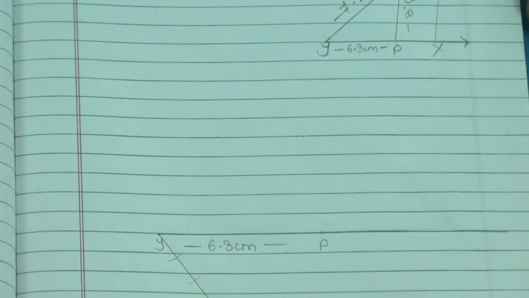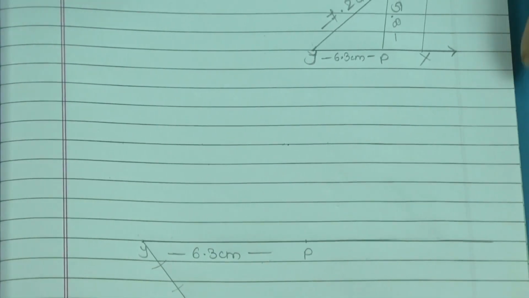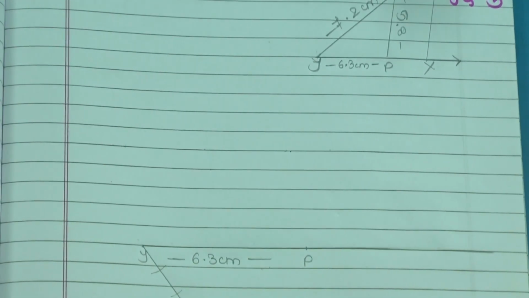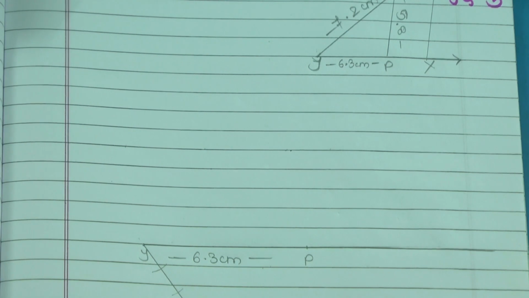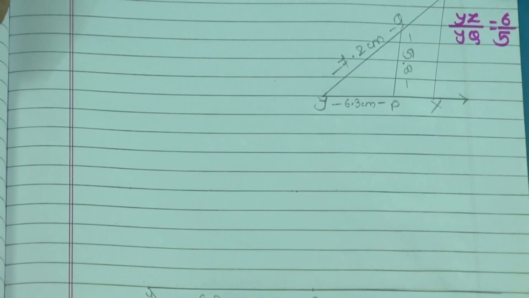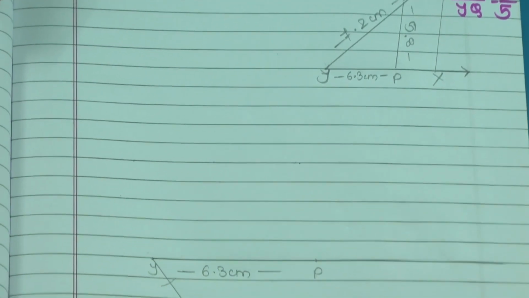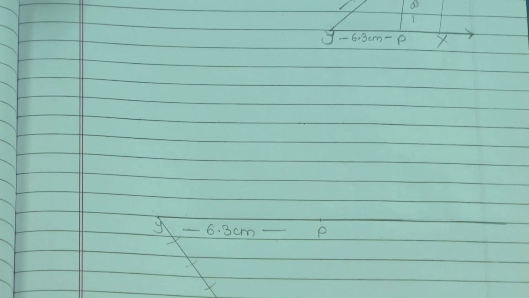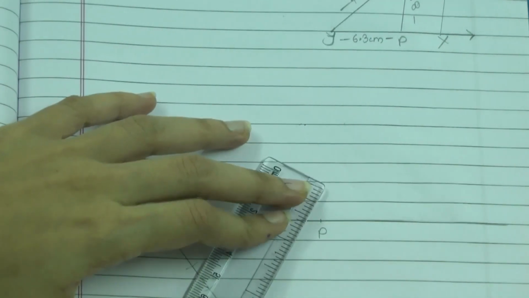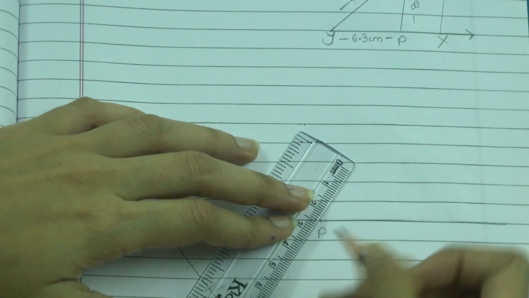So the YP ratio is equal to 5. YP is contributing, YQ is contributing 5 parts as per the ratio and YZ is contributing 6 parts. So we shall join the 5th part of our line to the point P.